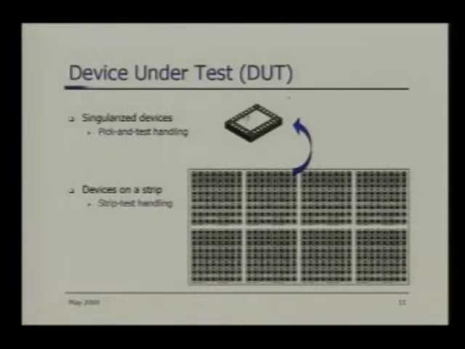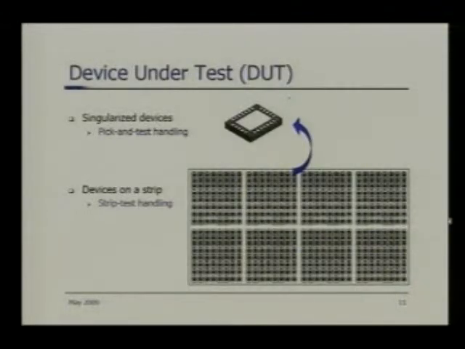The white marks that you are seeing here are basically the package pins. This is the so-called LLP package, or leadless frame package, where there is no lead. All of them are underneath the package itself. So you can test one by one. If you test one by one, then the mechanical handling becomes a tougher problem.